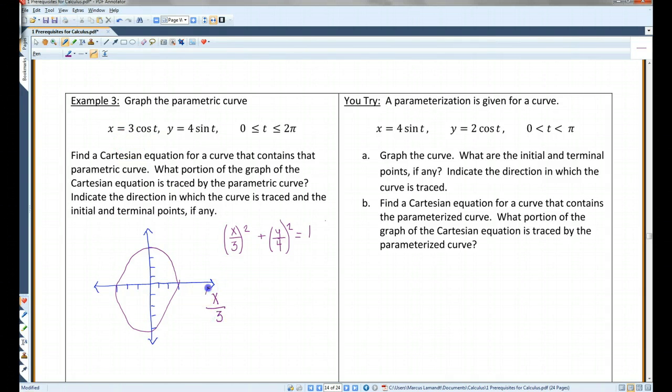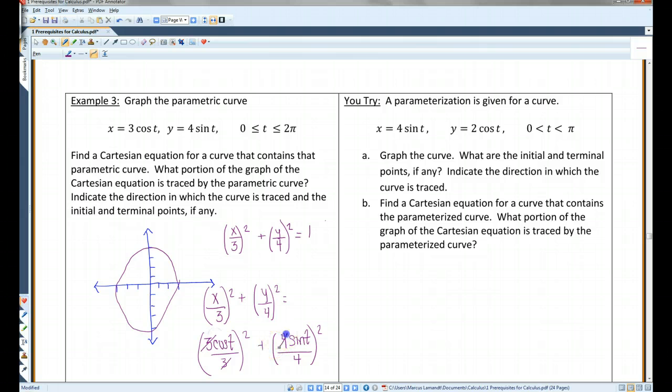You know it's x over 3 squared plus y over 4 squared. So just plug in these for x and y. So I've got 3 cosine t over 3 squared plus 4 sine t over 4 squared.